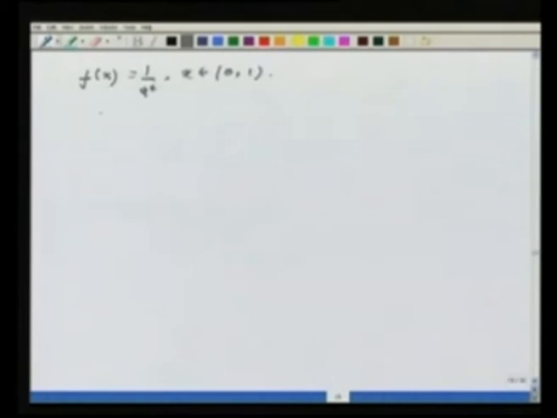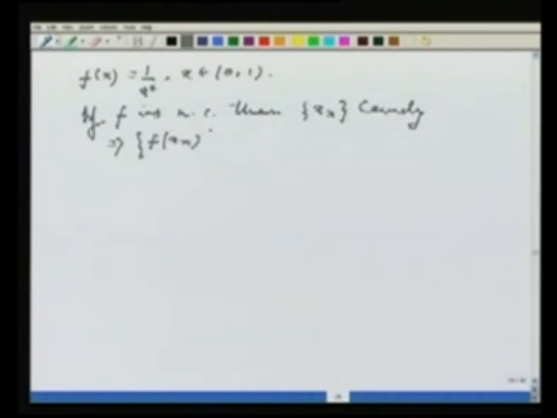If f is uniformly continuous, then xn Cauchy implies f(xn) is Cauchy, right? But that is not the case.